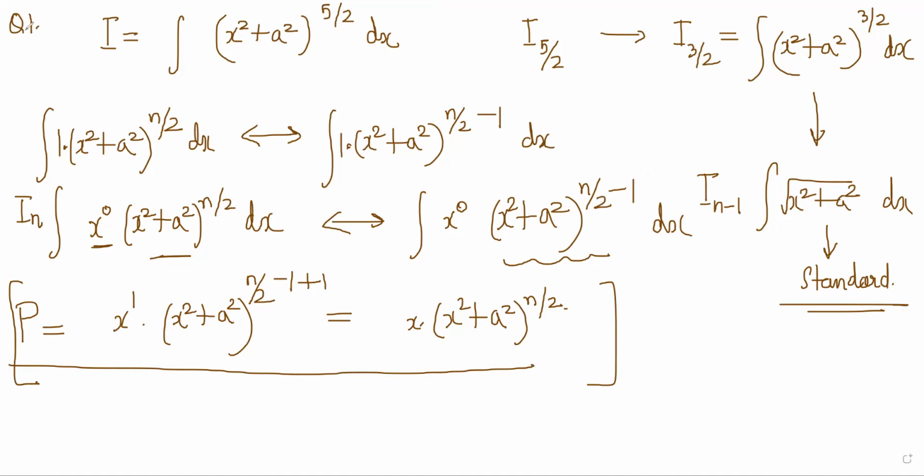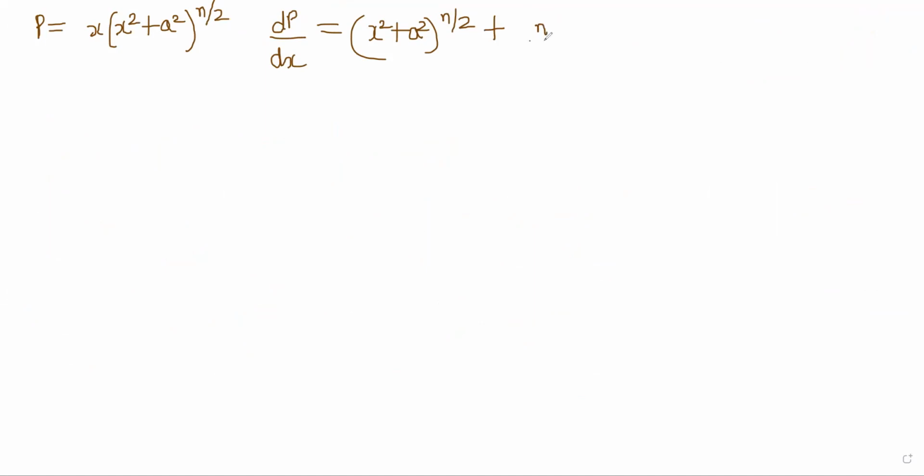So let's see what happens if you differentiate P. P is x into (x² + a²)^(n/2). Therefore, dP/dx will be equal to (x² + a²)^(n/2) plus x into n/2 into (x² + a²)^(n/2 − 1) multiplied by 2x. x was unchanged and x² differentiates to 2x.